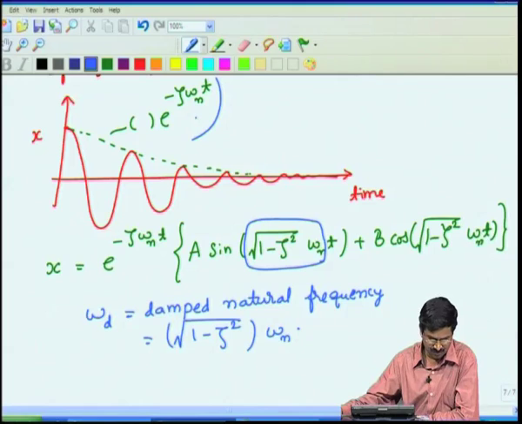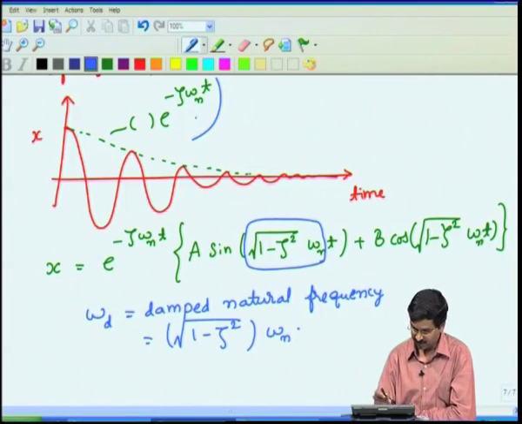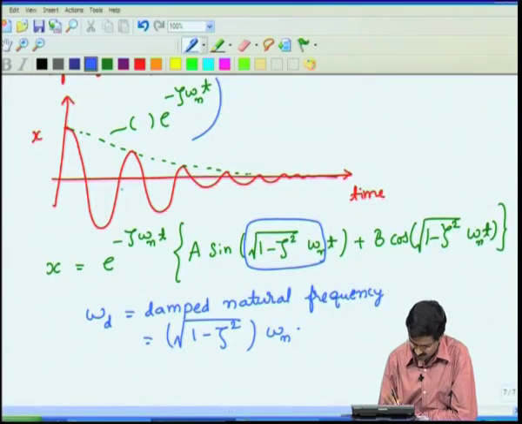For that, or for omega n experimentally, you can just see what this time period is. If you take one oscillation, let us say it is 0 here, again it is 0 here, if you can measure this, that is your time period tau. The inverse of that will give us omega n.